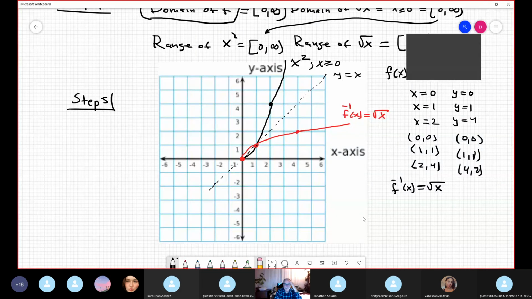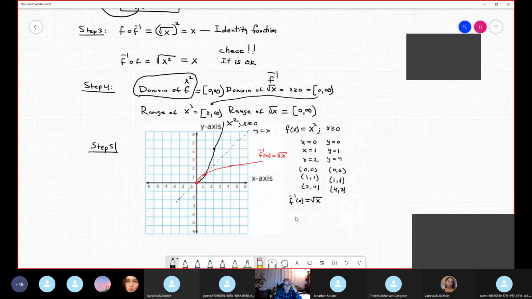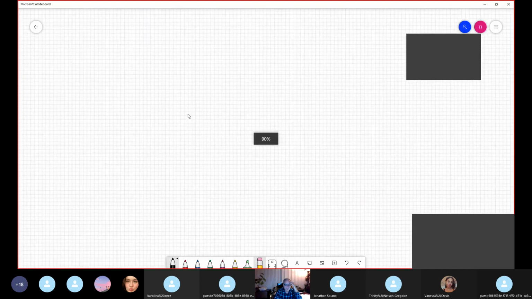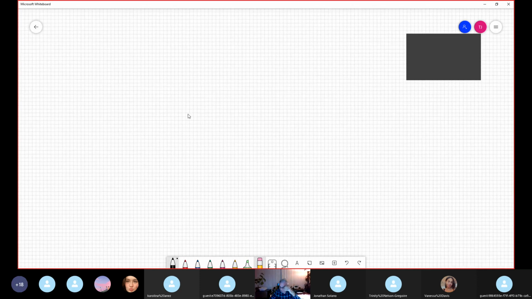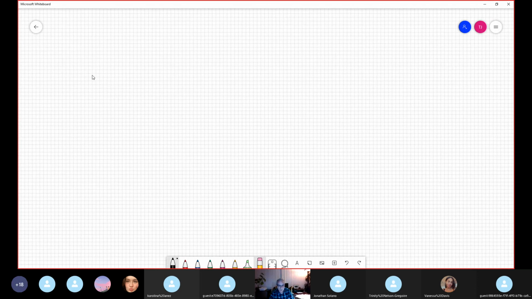Whiteboard now. Do you see the whiteboard? Good. Erase everything in example 2. Let's move on to example 3. Example 3 is a little bit more complicated. Let me try to do my best to explain that.